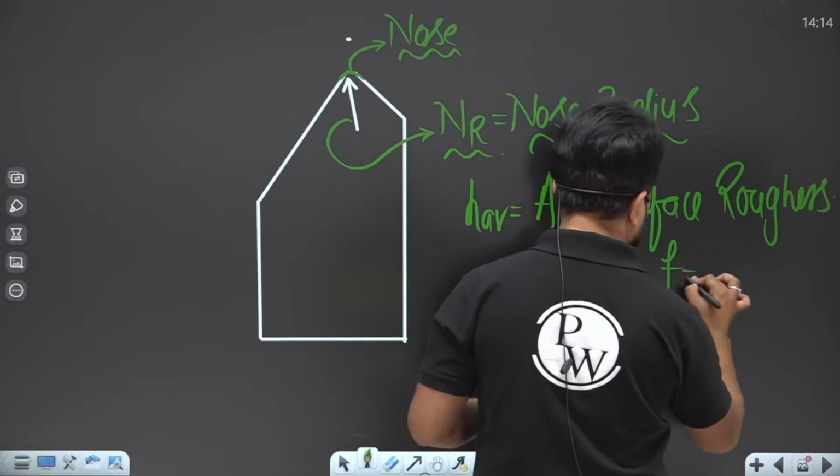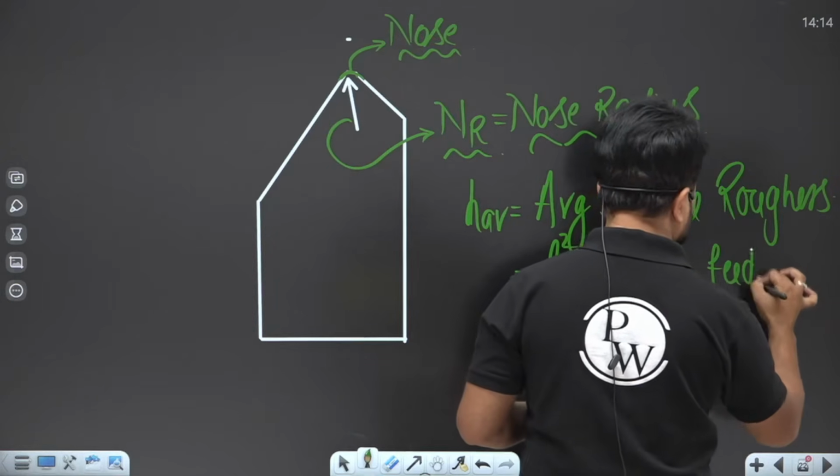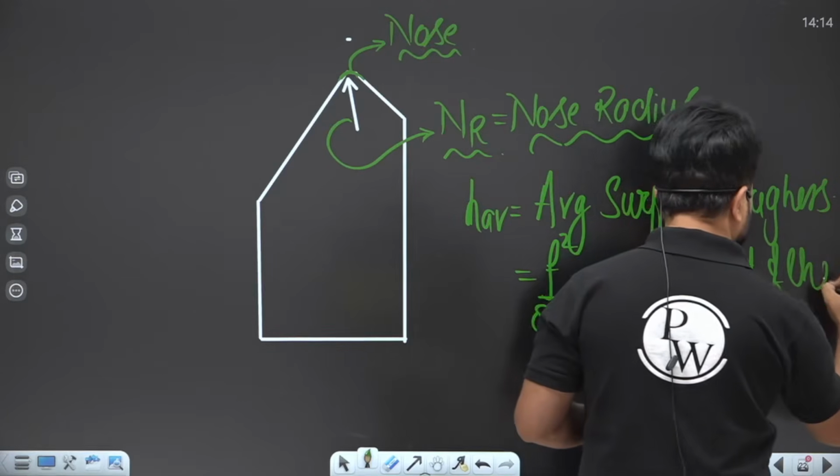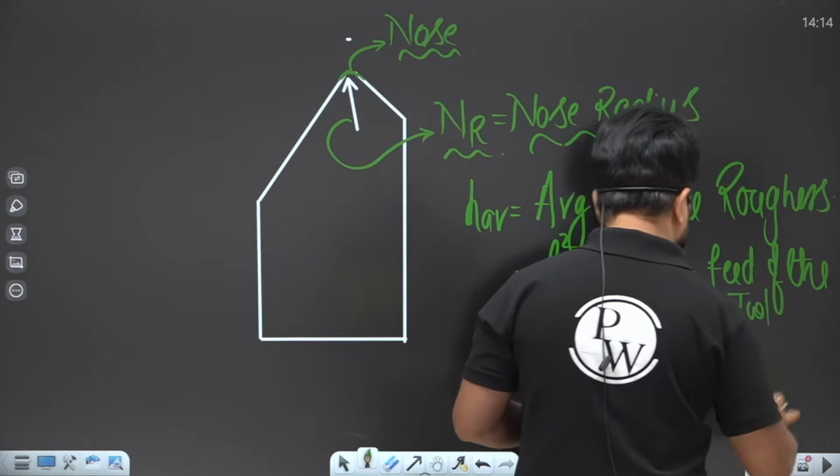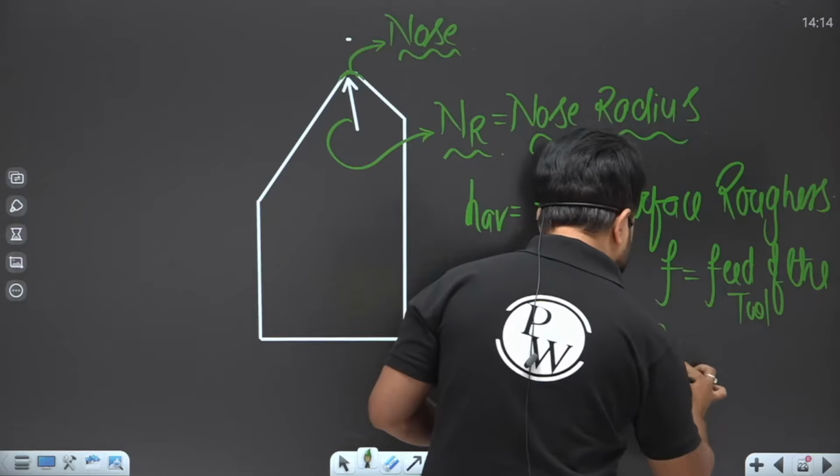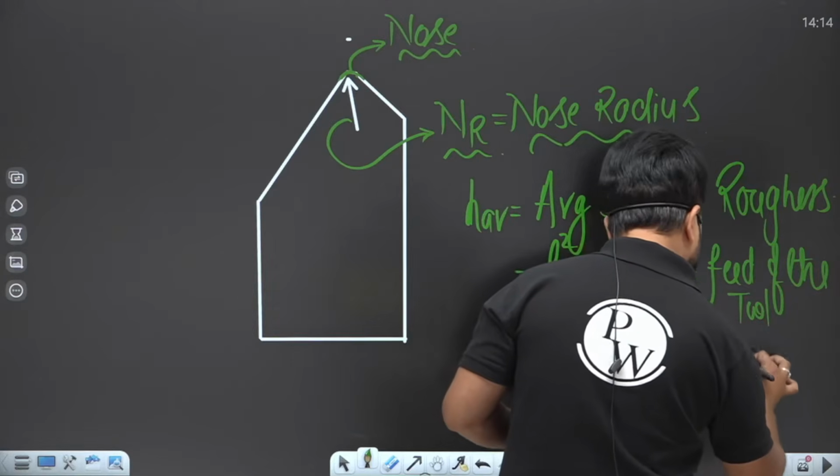Here F is the feed of the tool, and Rn is the nose radius.